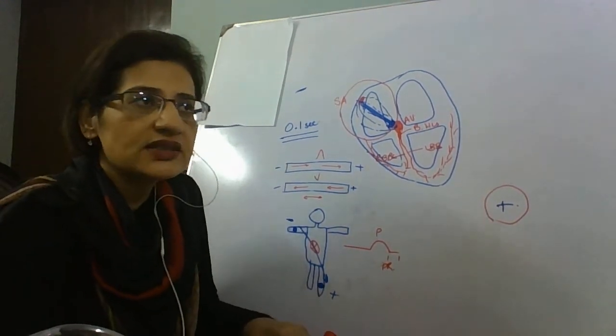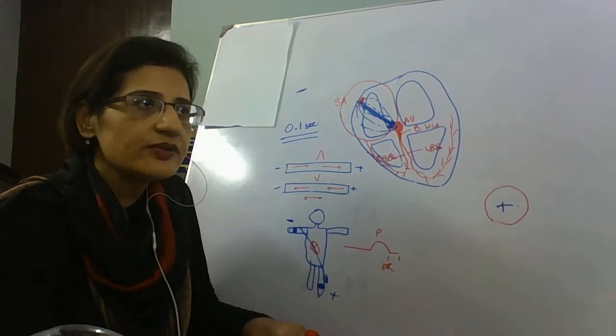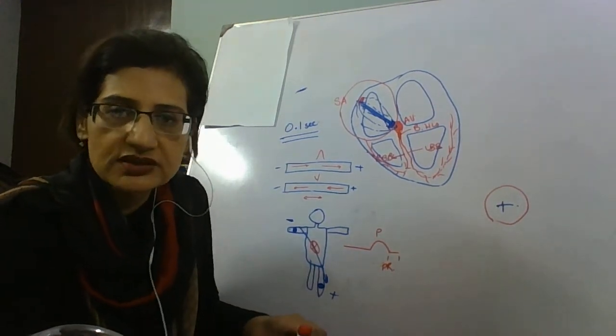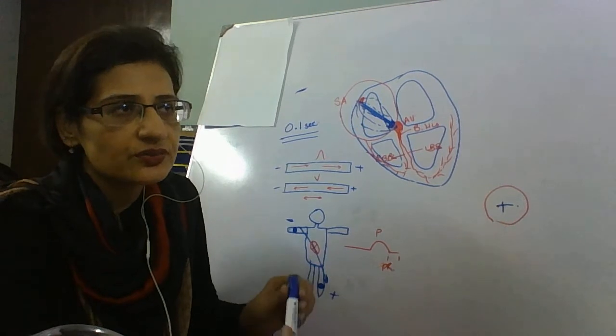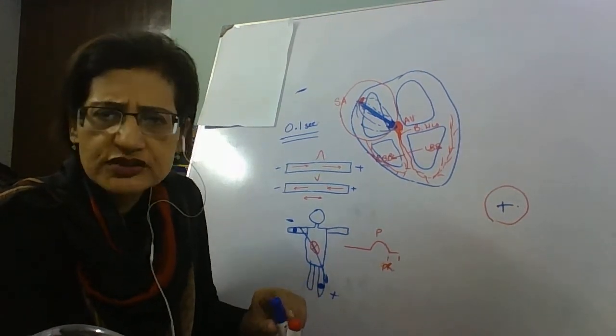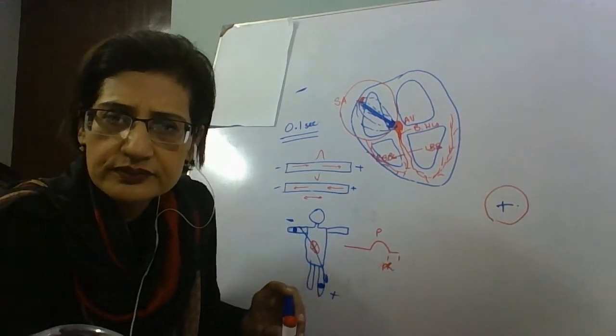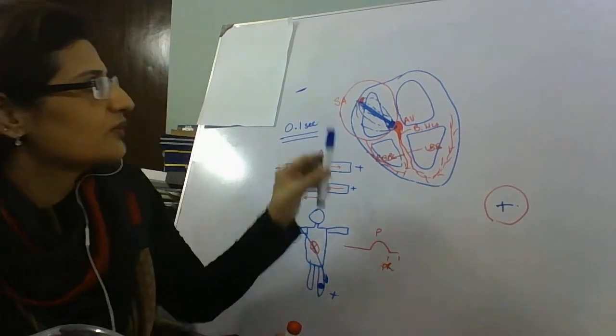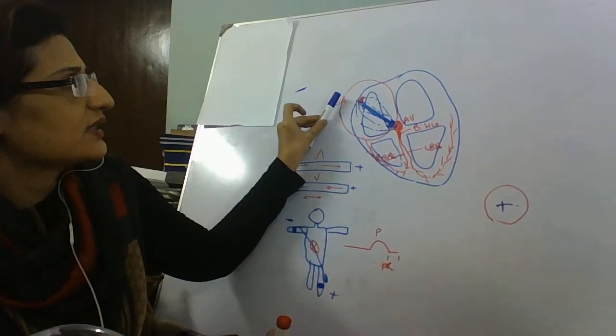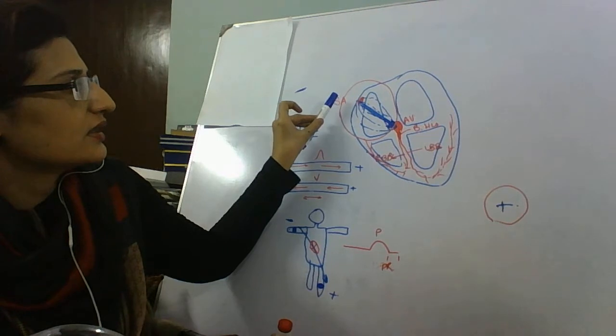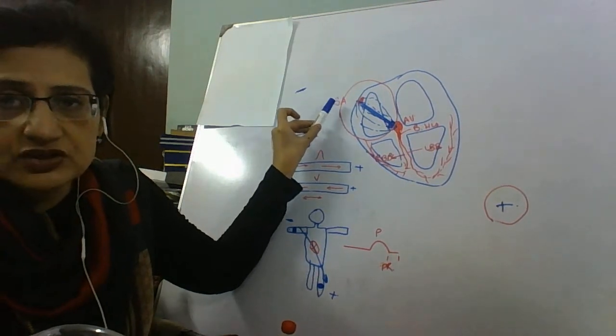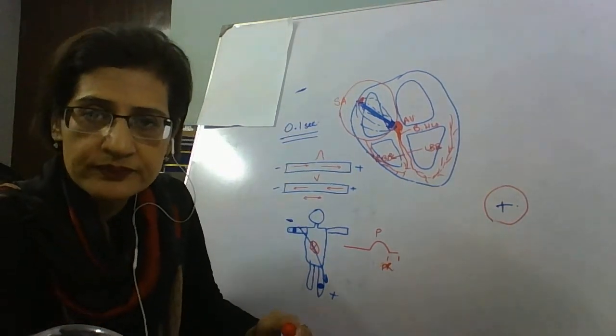Now this PR interval, you have been told about the bradyarrhythmias, and if not, just to revise, there are various types of heart blocks. Heart block is when there is a block of the impulses going from the SA to the AV node.